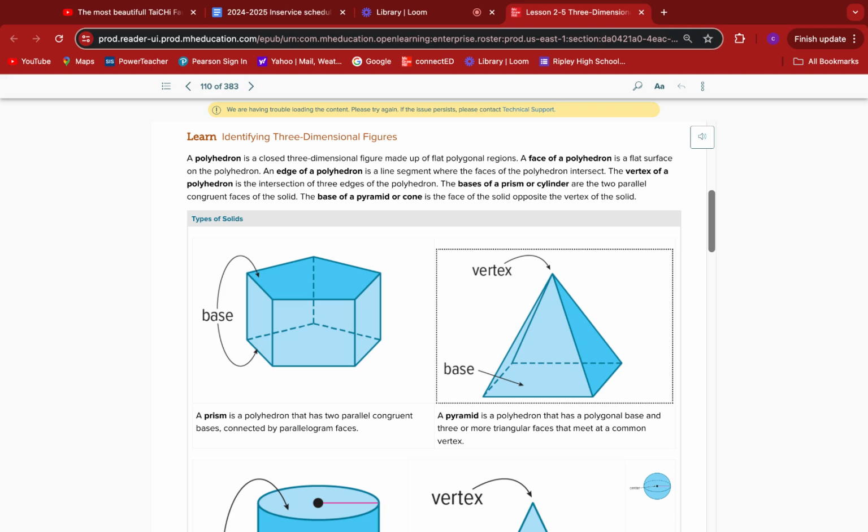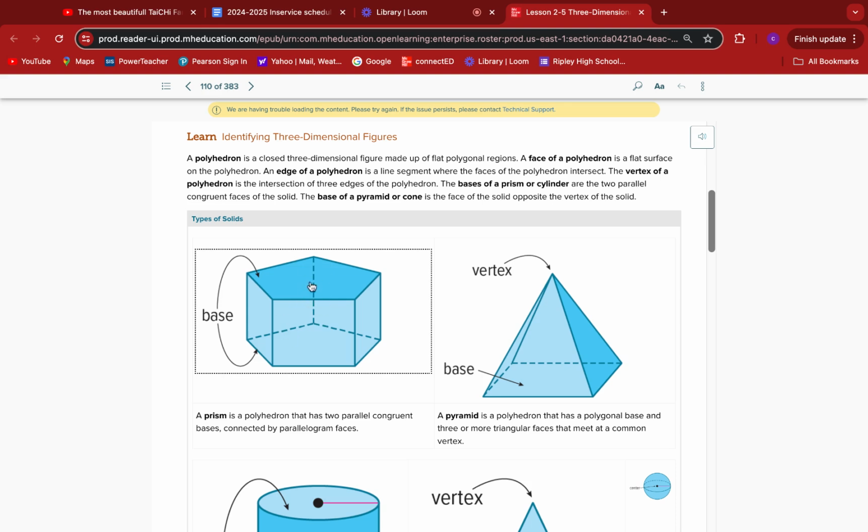Then you've got a little bit more specific of a face, and that is called a base. So for this pyramid that I'm looking right here, this is the base. Now you can have a triangular pyramid where the base is a triangle, but this is some sort of square pyramid or a rectangular pyramid because it is some sort of quadrilateral four-sided figure here.